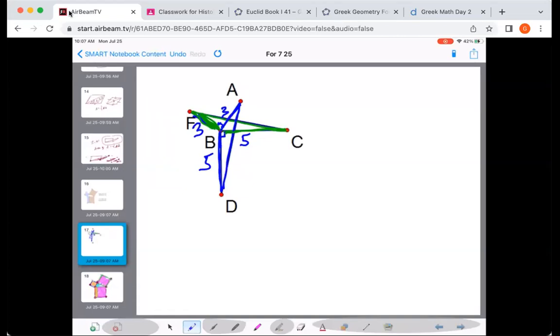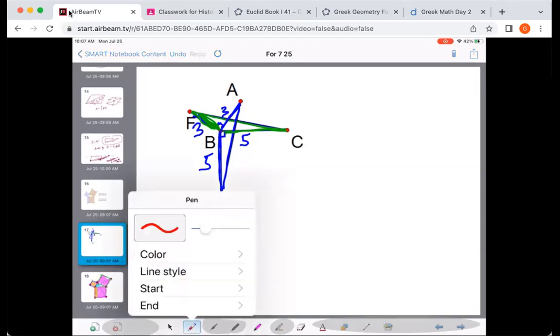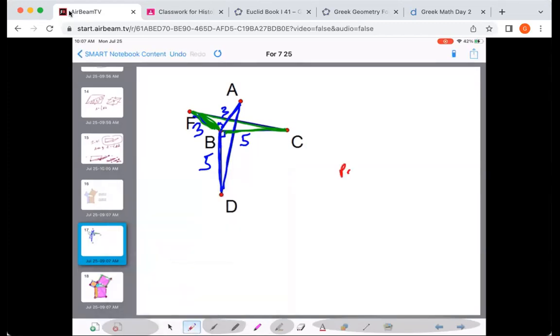Now the big question is, can you prove that triangle FBC is congruent to triangle ABD? Is there enough information?